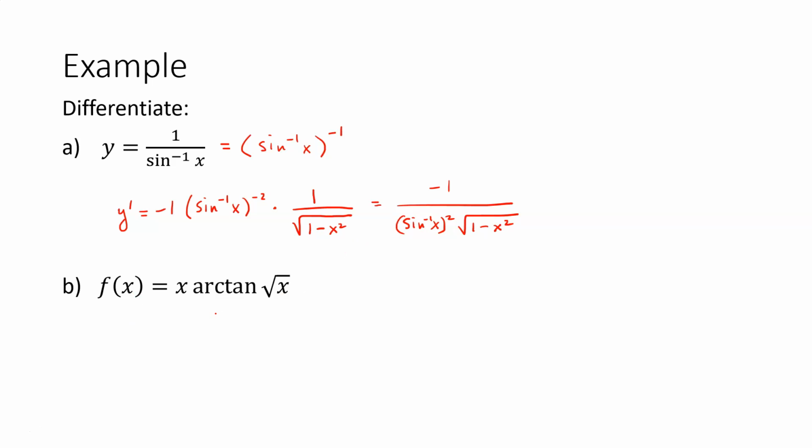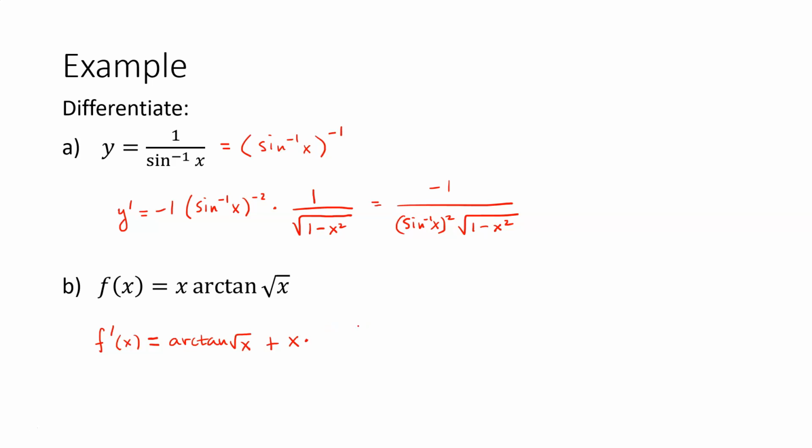And here in this next example, we've got the function x arctan of the square root of x. So when we do f prime, we're going to need to use the product rule. Okay, so we'll take the derivative of x, which is 1, times arctan of the square root of x without taking a derivative, plus x times the derivative of arctan of the square root of x.